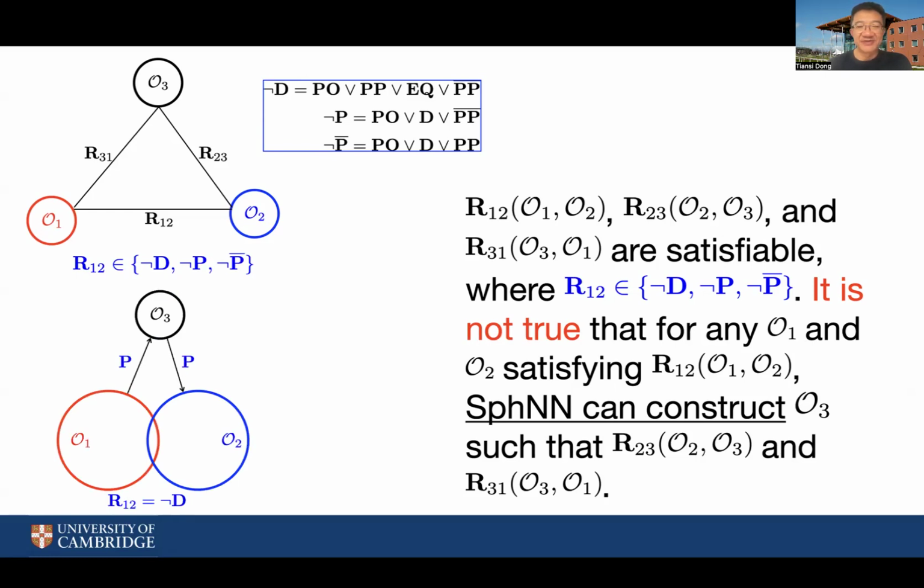In that case, if we fix O1 and O2 as being partial overlap, it's not possible to find O3 using our constraint optimization process. The reason is that partial overlap between O1 and O2 is not satisfiable with the two part relations with O3.